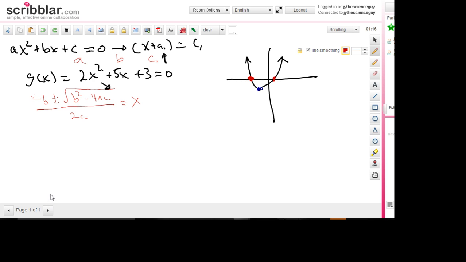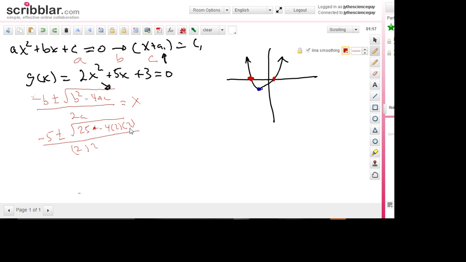Right. So I'm just going to plug it straight into the formula. So I get -5 plus or minus the square root of 25 minus 4 times 2 times 3 all over 2 times 2. Do you see where I stuck the numbers? Does it make sense where I stuck the numbers? Yes.